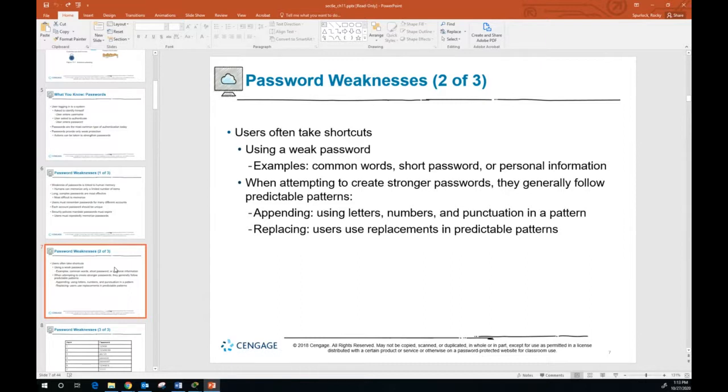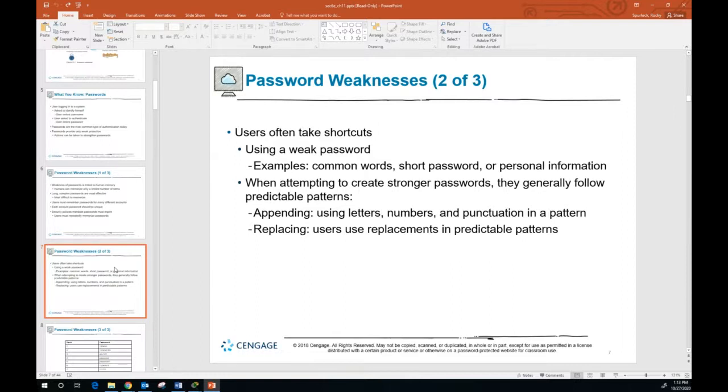That may be something where they append to the end of the password by changing a letter, changing a number, or using the same punctuation in a pattern. Or they use replacements in predictable patterns. So appending, for example, if you use the word GNTC for your password, you may put a 1 on the end of it, or an exclamation mark.